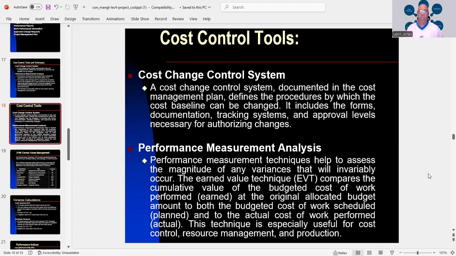The EVT, which is your earned value technique, compares the cumulative value of the budgeted cost of work performed, again, earned at the original allocated budget amount, to both the budgeted cost of work scheduled, which is the work plan, and to the actual cost of the work performed, that is actual. Again, this technique is especially useful for cost control, resource management, and of course, production.